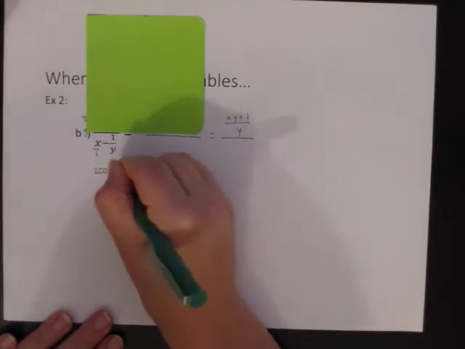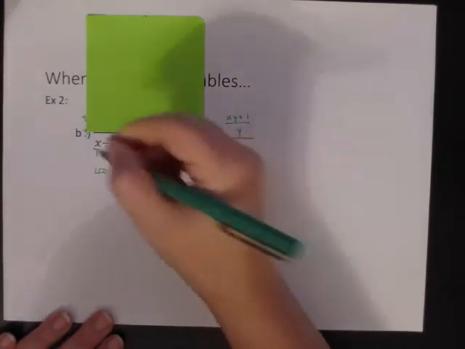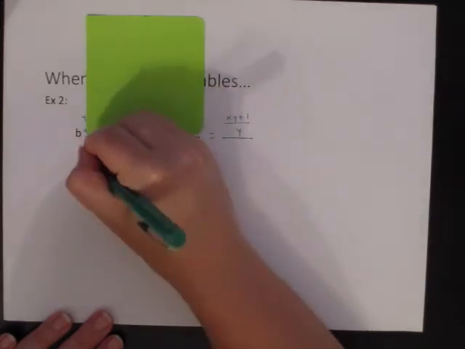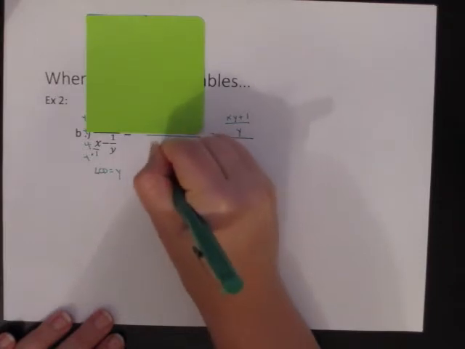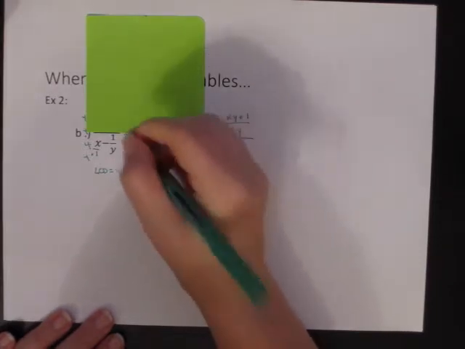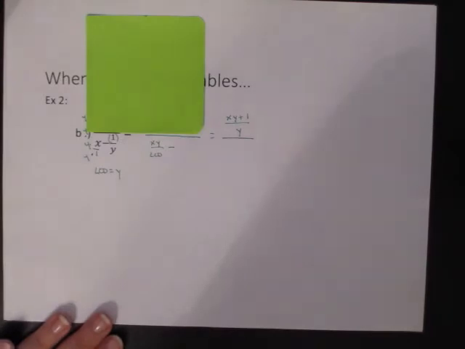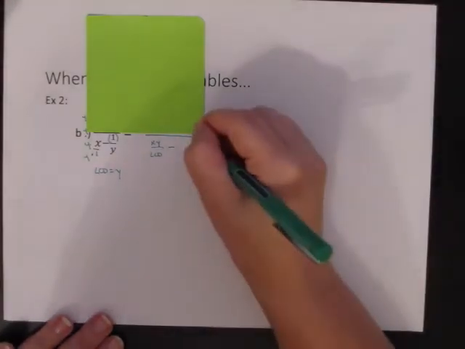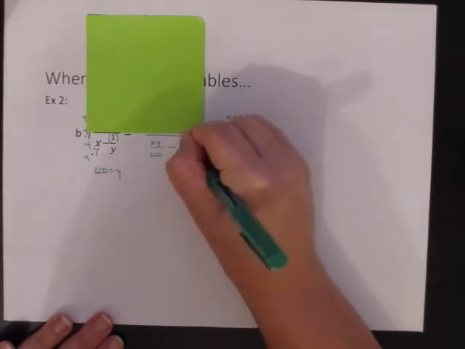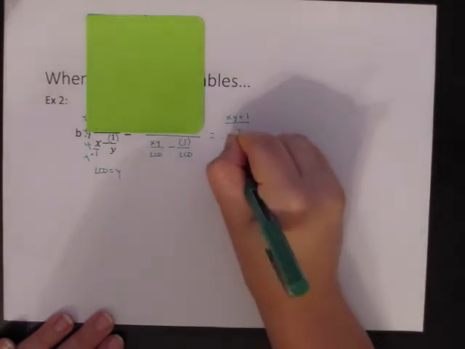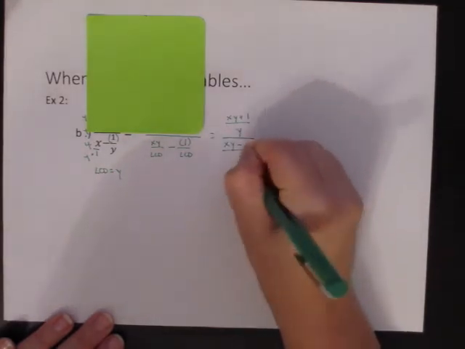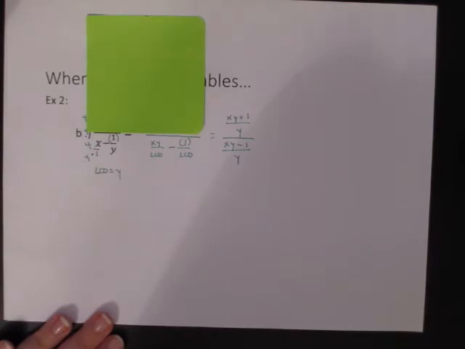So I go LCD, 1 and y is going to be y, so I multiply my first by y and y, so I have xy over LCD minus, okay, because it's minus, remember we got to put parentheses around the second numerator, and I can't change anything there, so I'm just going to put 1 over LCD. So when I combine these together, it's going to be xy minus 1 over my LCD, which is y. That's simplified as much as it possibly can be.